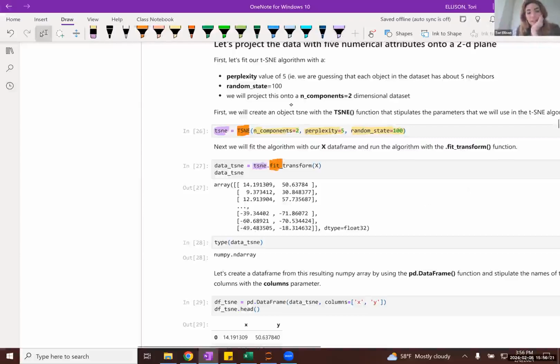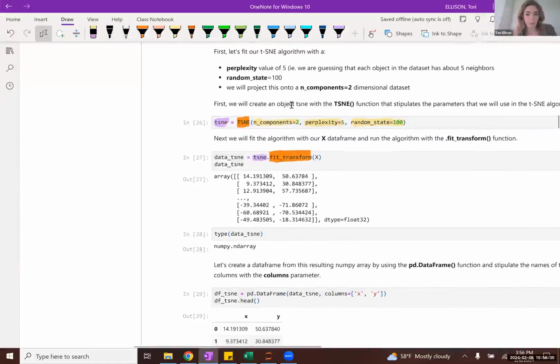In scikit-learn, we have 2 functions that will perform similar tasks: the fit function, and the fit transform function. The nice thing about the fit transform function is that it actually does 2 things. The fit part basically runs the algorithm for the supplied data set.